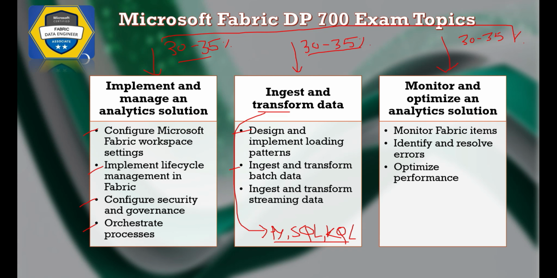Next is monitor and optimize an analytics solution. That is more of the concept of monitoring Fabric items, whether it is data ingestion, transformation, or some kind of alerts that you enable, or resolving issues. When you deploy code into production, there might be issues in the pipelines, data flows, event streams, or the T-SQL or SQL query that you have written.